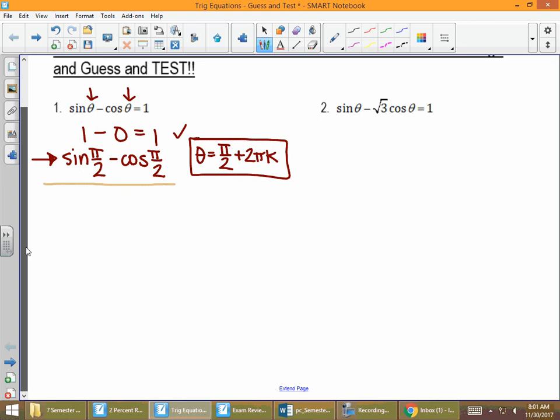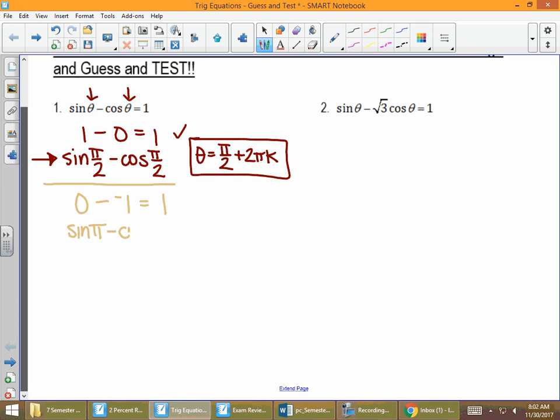So the only other place I can think of is where cosine is 1. So where cosine is 1, sine is 0. Okay, so that combination, 0 and 1, if I just plugged in, is going to give us negative 1. But if I use cosine as negative 1, that's going to give us a positive. So where is sine 0 and cosine negative 1?